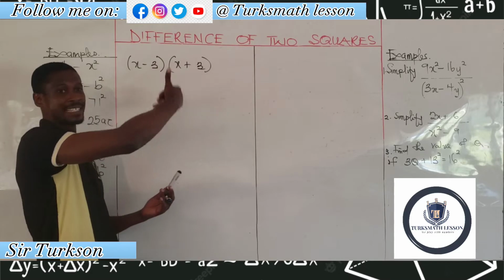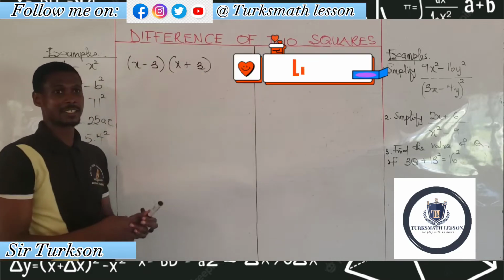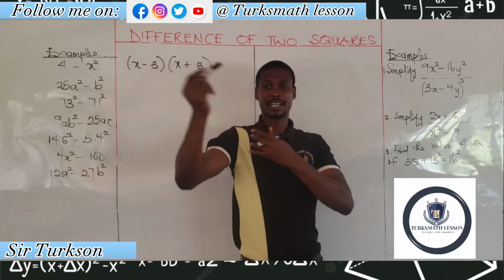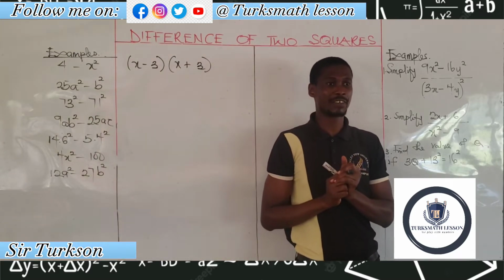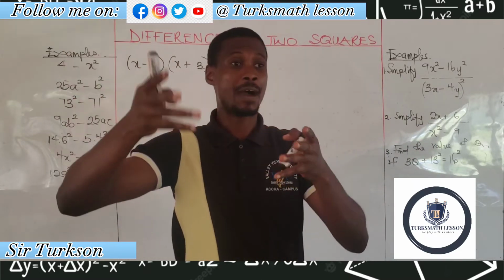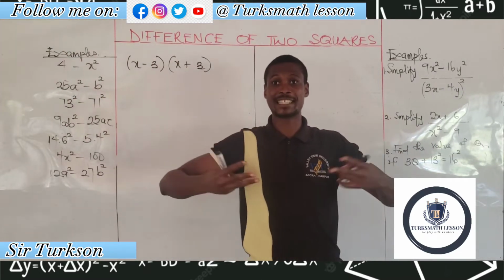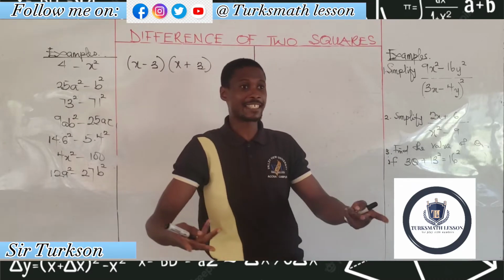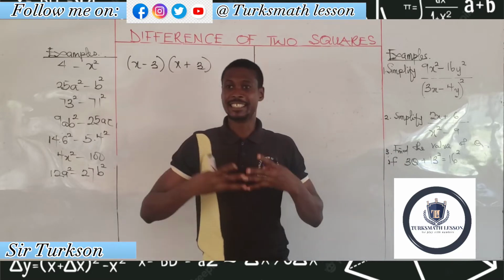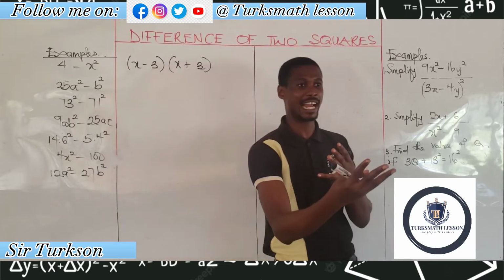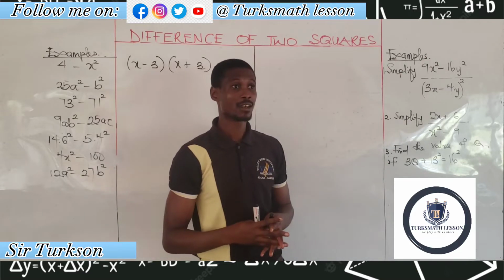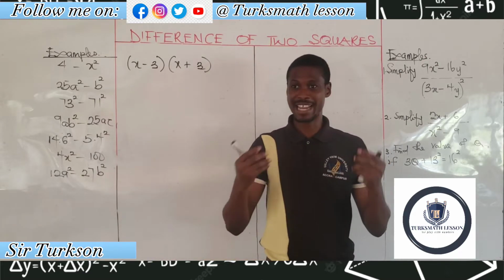Now, how many methods do we use in solving this multiplication of two binomials? Can somebody remember the methods that we use? We use 3 methods. And what are these 3 methods? Distributive method.